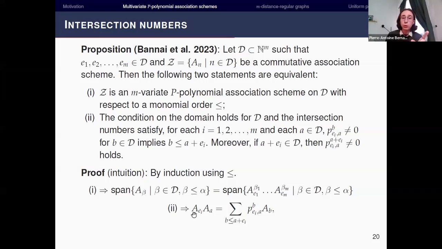And vice versa, if you have the second statement, you basically have the line at the bottom, and you can apply it iteratively with an induction and show that the two vector spaces spanned by the matrices on the first line are the same, and this gives you the first statement. It's a bit of a sketch of the idea of the proof, but just to give an idea of more or less how this can be proven.